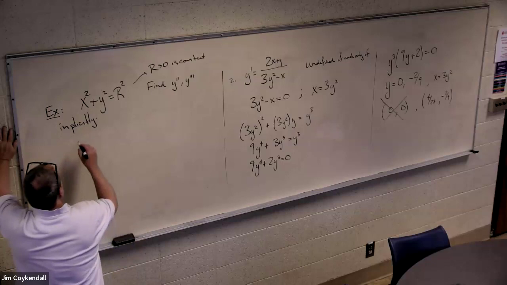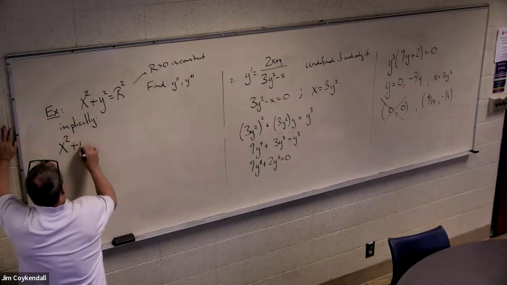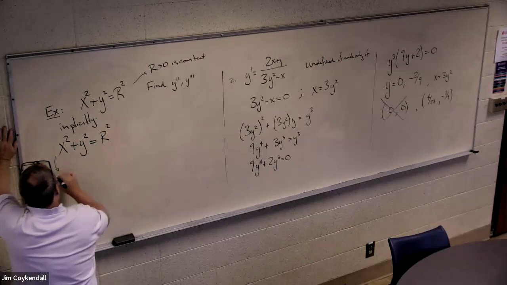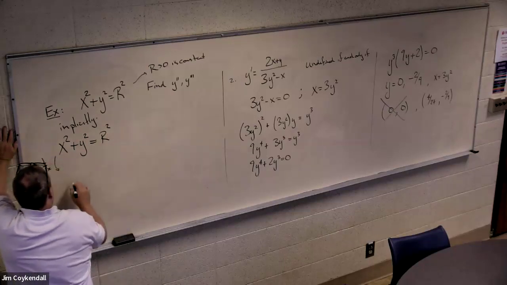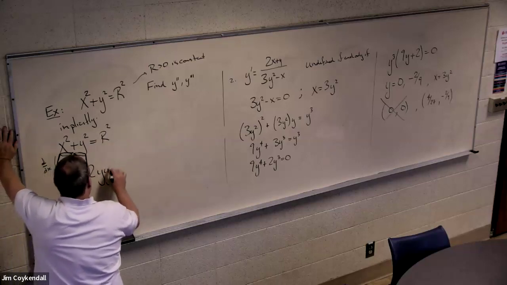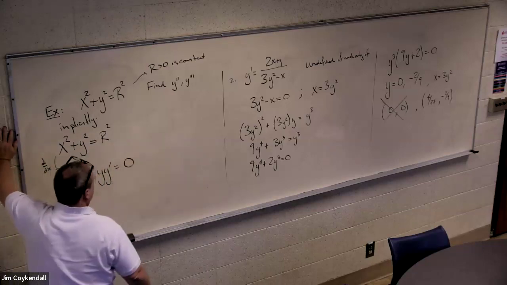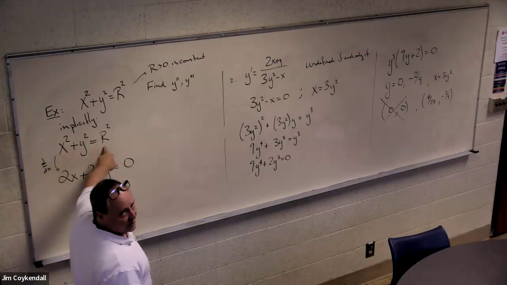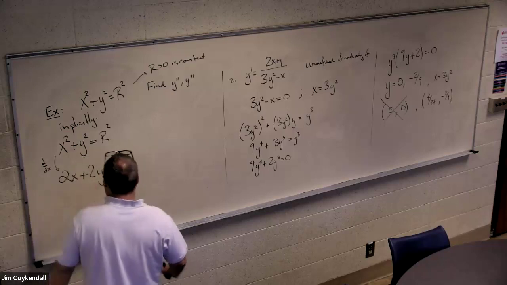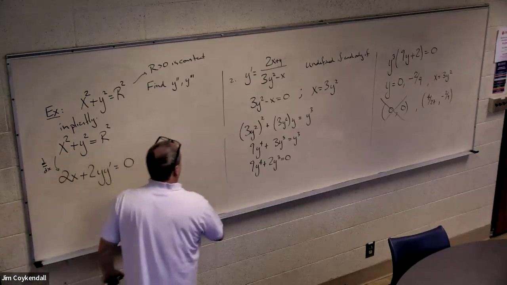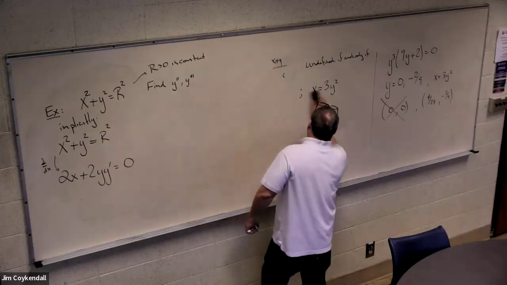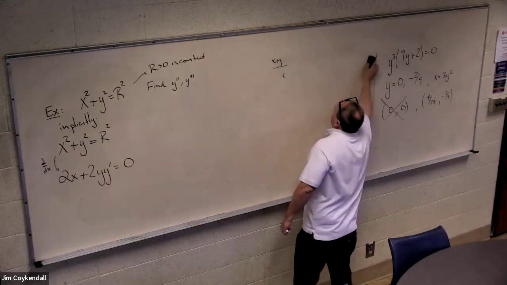Okay, the first thing we're going to have to do, if we're going to have the second derivative, is go through the first derivative. We've got to get that first. And this is 2x plus 2y y prime, because the right side is just a constant. And we can solve for this, and we've seen this earlier.